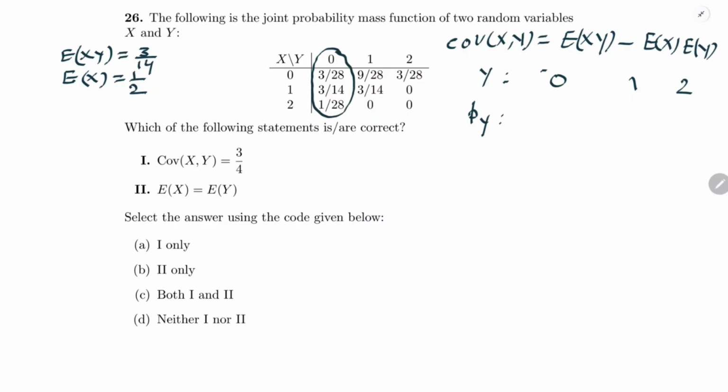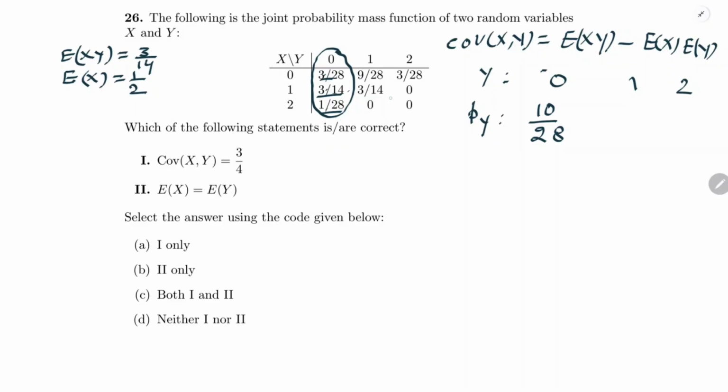That will give us marginal probability of y corresponding to y equals 0. 3 by 28 plus 3 by 14 plus 1 by 28. If we take sum, then that will give us 3 plus 6 is 9, and 1 is 10. 10 by 28.